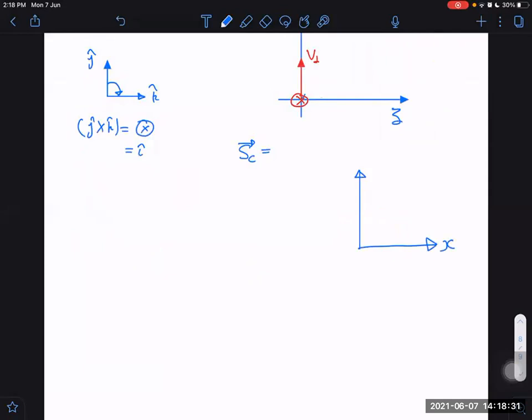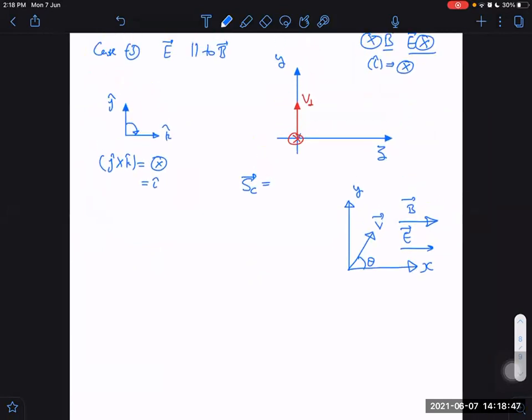If I look along the x-axis, then this is the direction of magnetic field, and this is also the direction of electric field. Velocity is in this plane, making an angle theta with the x-axis. This is the y-axis. This is the situation. Here V perpendicular will be along the y-axis and V parallel will be along the x-axis.